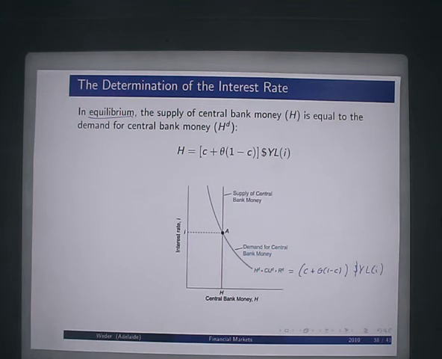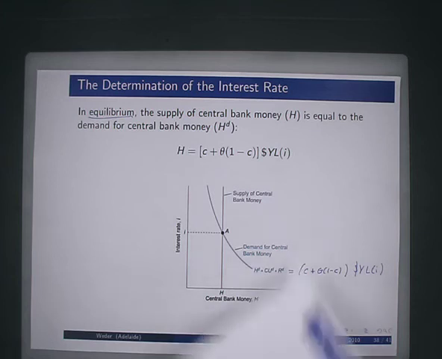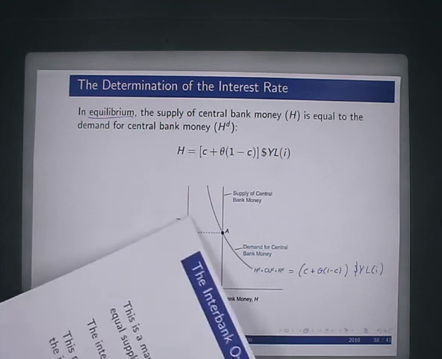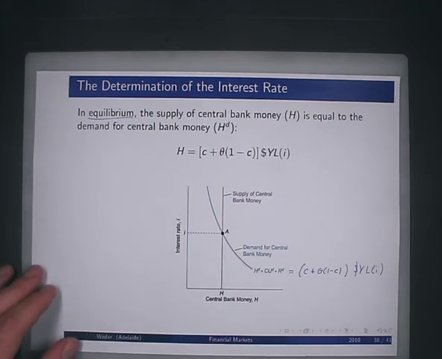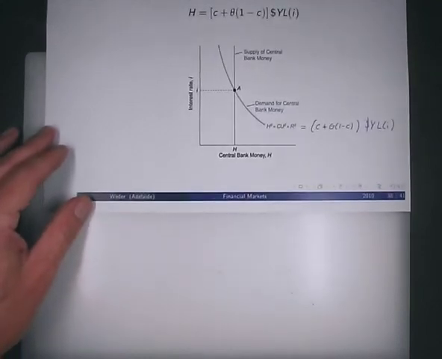It includes what private banks are doing here, but essentially it's the same mechanism that we had before. We have some supply of money and some demand, just that we also have this intermediate step in terms of the doings of the private banks.